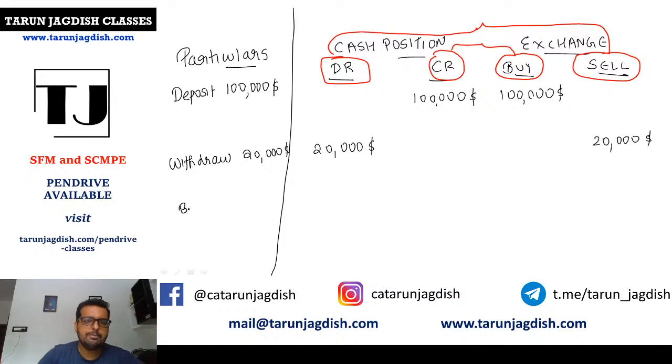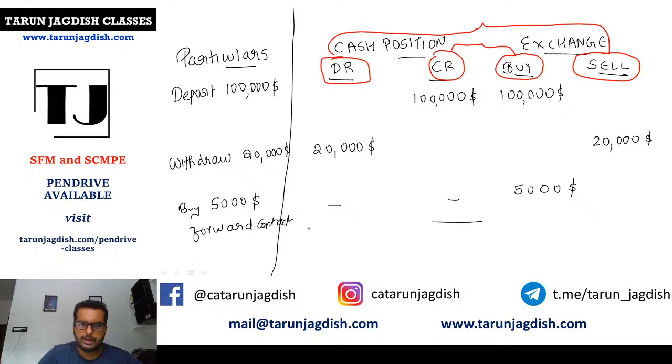Okay. And now let me give you one more thing. Suppose the Indian bank is buying $5,000 in a forward contract. Now tell me, forward contract is a real contract or imaginary contract? It is imaginary. So in cash position, nothing will happen. But here we will have a transaction of $5,000.